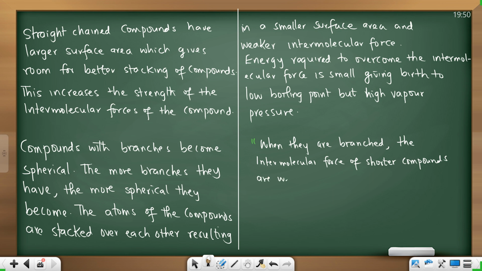Are weaker. And operate, this is why they are really weak, over short distances between one molecule and its neighbor.